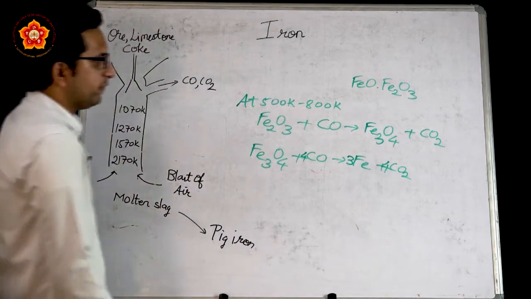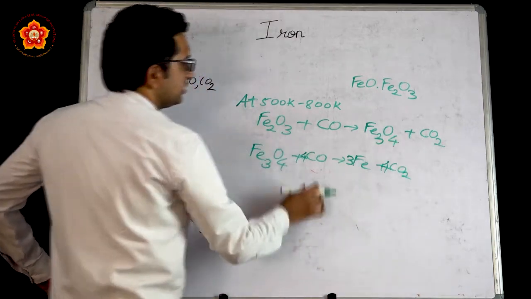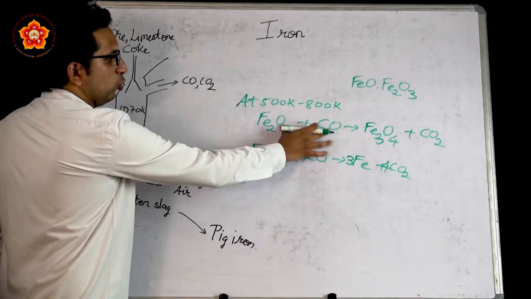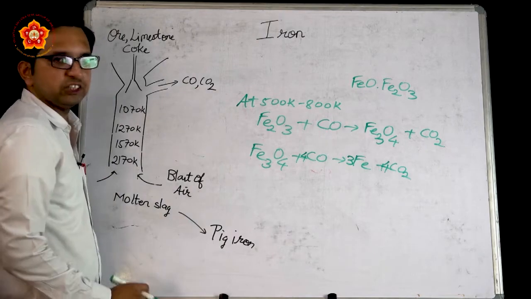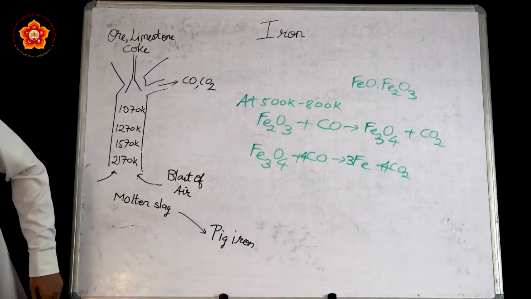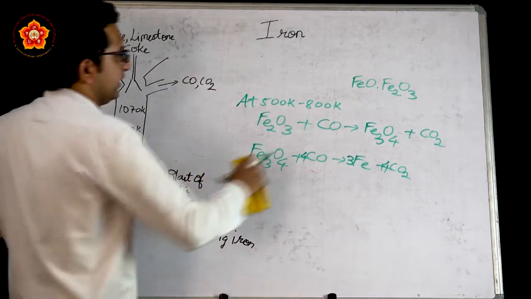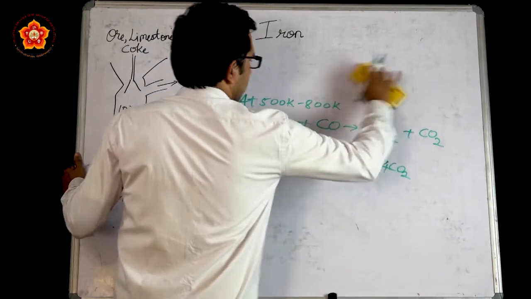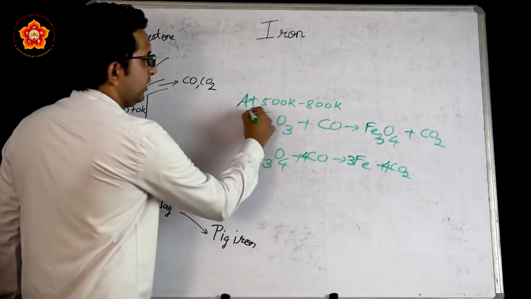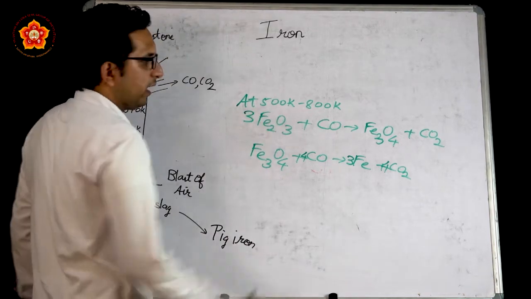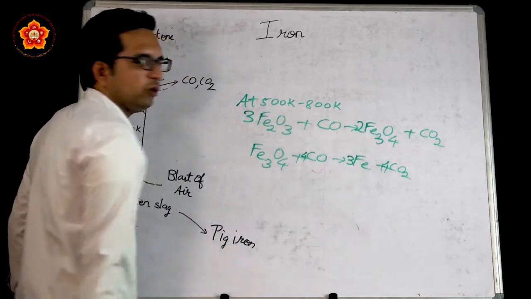What about the first one then? You see that there are 6 oxygens here, whereas this has only 4 oxygens. So how do we balance this part? The overall balancing will need this to be 3Fe2O3 and this as 2Fe3O4.